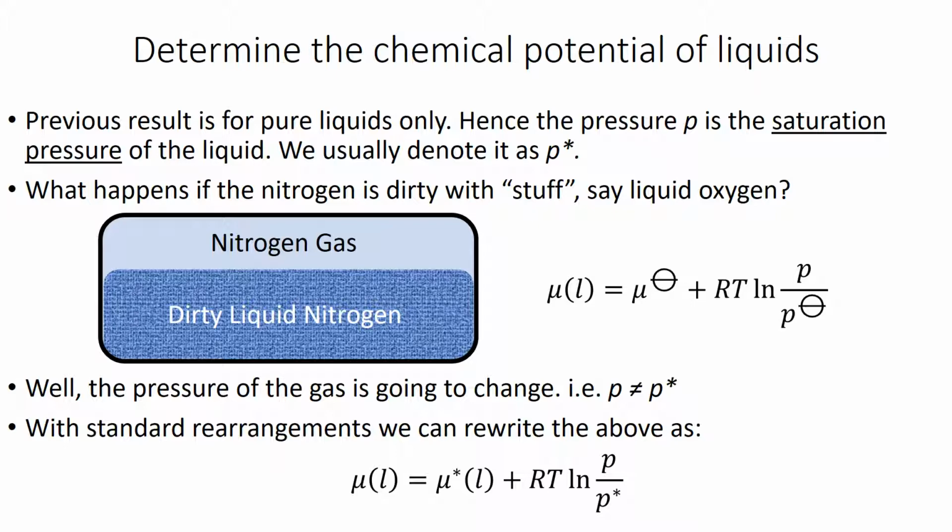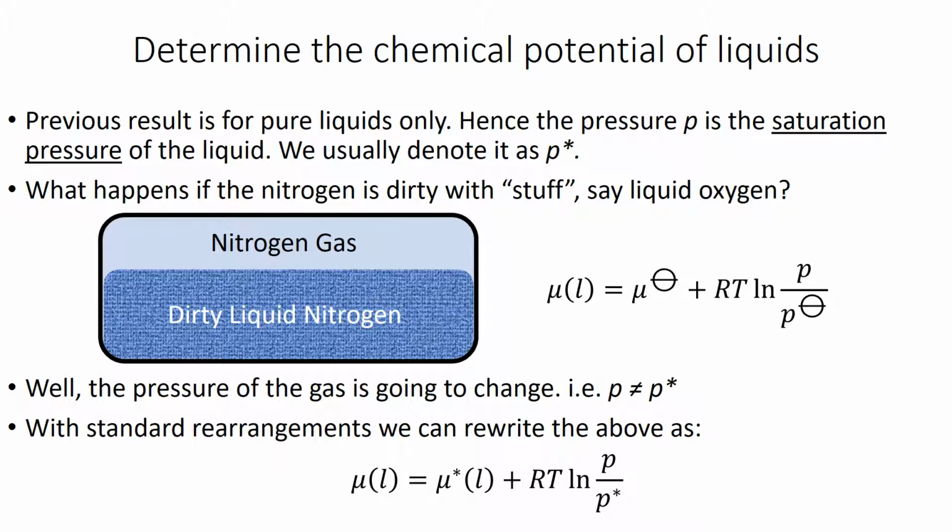Now, if you take the previous two equations, the one on this slide and the previous slide, and rearrange the two, you will get a general equation that looks like the one here at the bottom of the slide. And I'll just read it out. The chemical potential of a liquid is equal to the chemical potential of the pure liquid plus RT log pressure divided by pressure star, the saturation pressure.